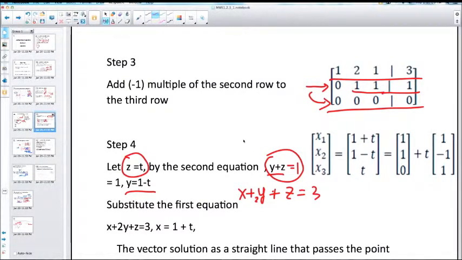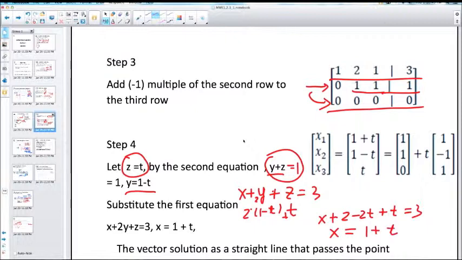And then you plug in z equals t, y equals 1 minus t. Then you have x plus 2 minus 2t plus t equals 3. Then x really equals 1 plus t.